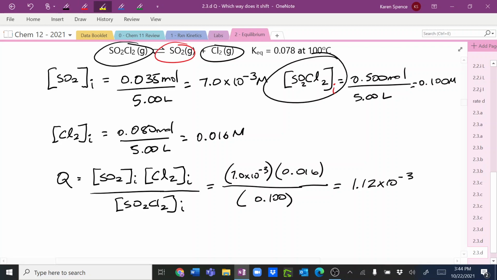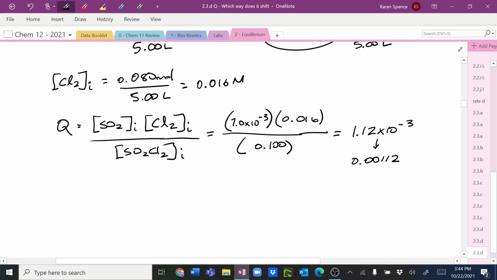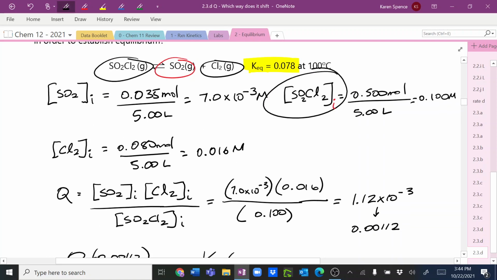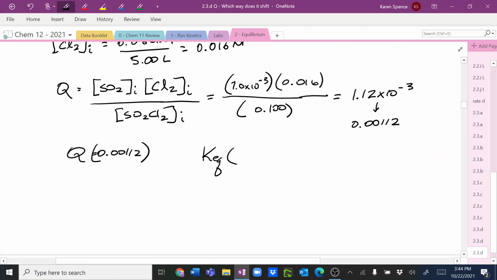And if you'll notice, our KEQ is not in scientific notation, so I am going to rewrite this as 0.00112 just for ease of comparison. So Q is 0.00112. And we're going to compare that with KEQ, which is, if I recall correctly, 0.078. Yes, 0.078.